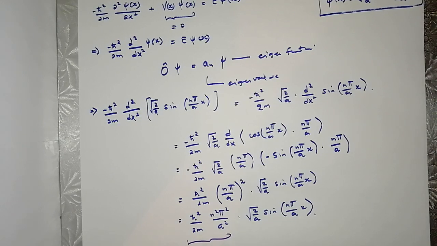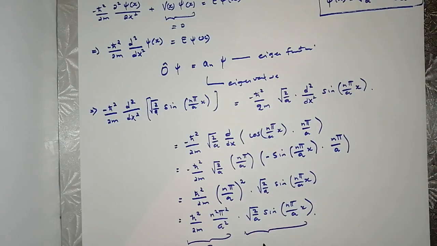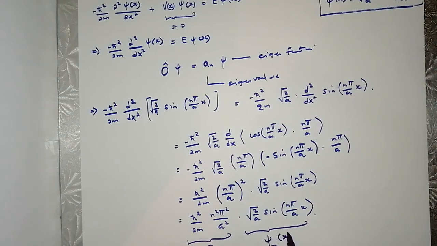This is a constant. I can call it En. This is the same as the wave function there, so this is actually the eigenfunction, right? So what is this energy we're looking for? This is the energy.